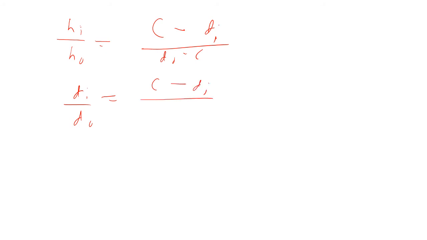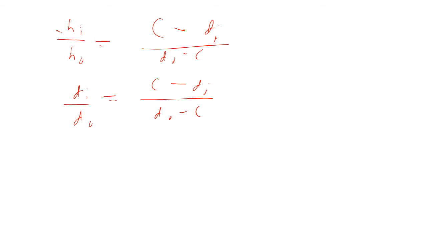HI over HO is going to be equal to C minus DI divided by DO minus C. Right, actually, there should be a negative HI up here, because that was upside down, it should be a negative number.